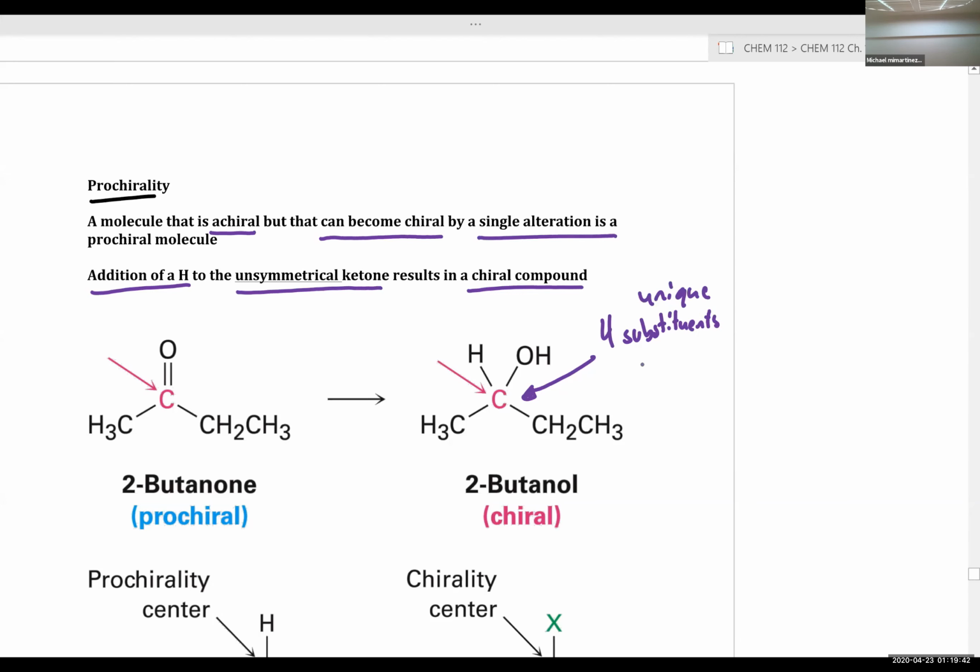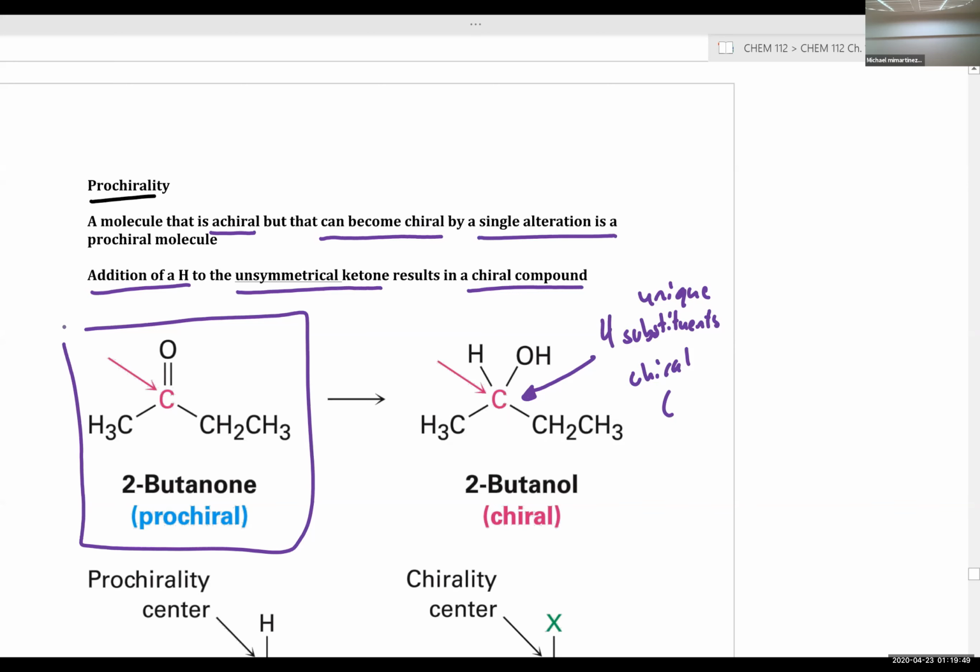Ergo, this is a chiral carbon. So we'd say that 2-butanone is prochiral because, quote unquote, it can become a chiral center. Does that make sense to everyone?